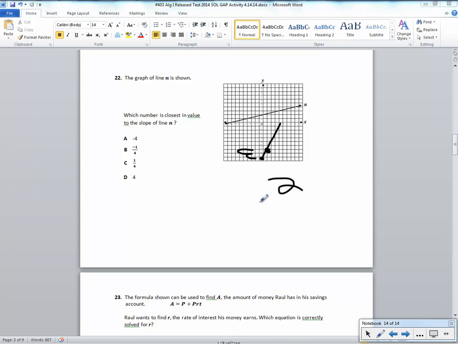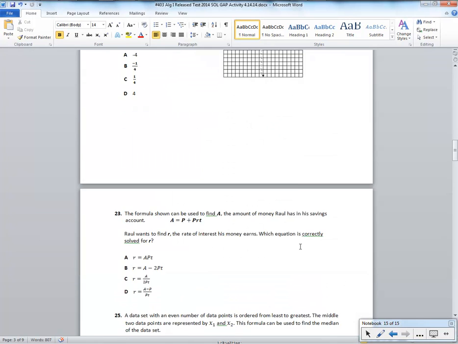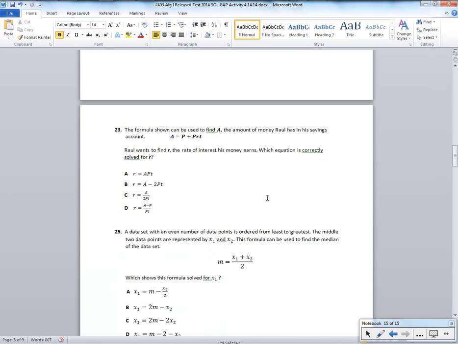So the rise would be 2, to the right 1, so the slope would be 2, if the slope was that line. It's not, obviously, so it's a different one. Please make sure you show your work on this because it is multiple choice.